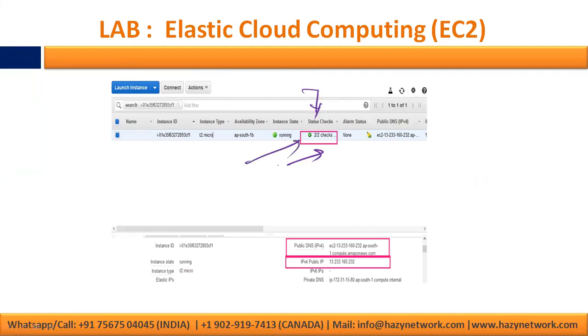Can anyone tell me what this 2x2 check is? One is instance health and another one is reachability, whether it is reachable or not. Whenever we are purchasing anything online and making the payment, when you put your credit card or debit card number, CVV number and OTP, it will take some time to verify.